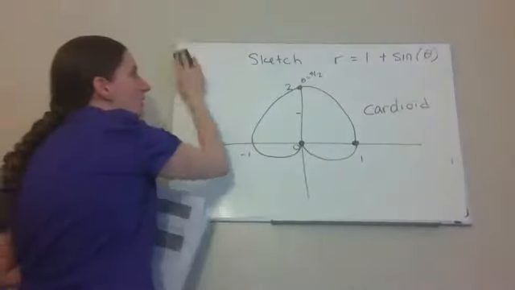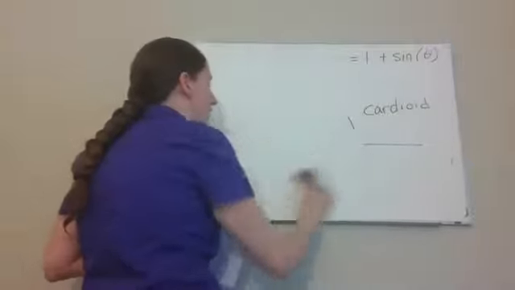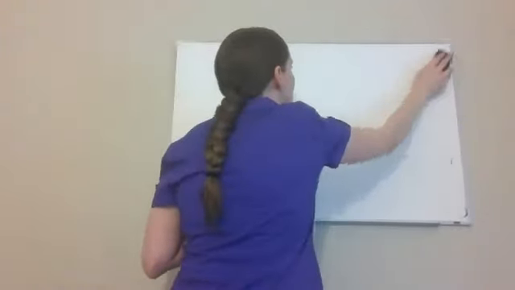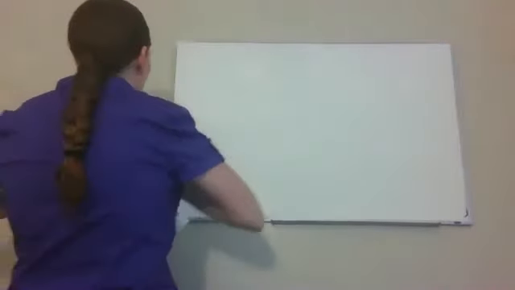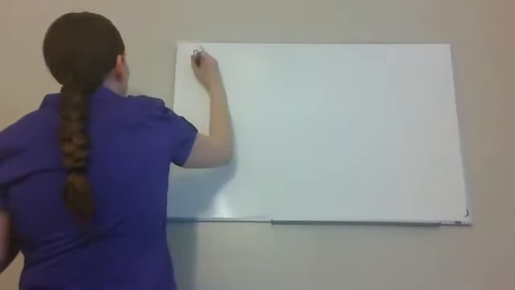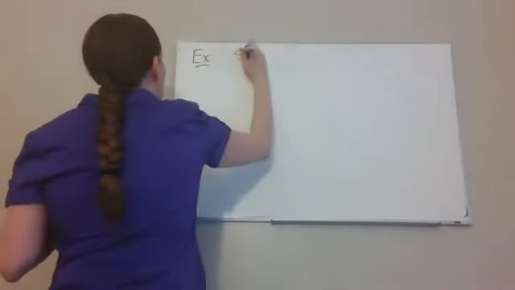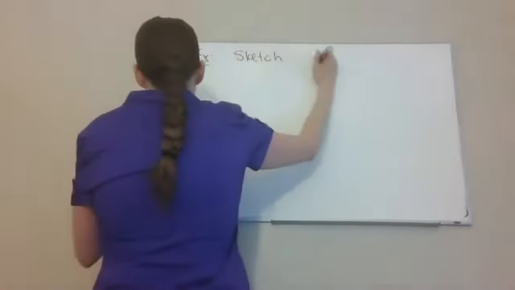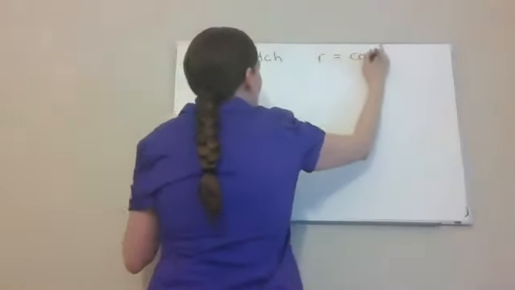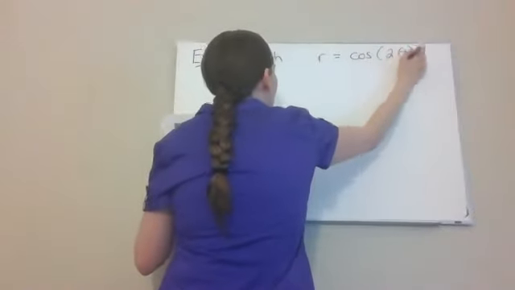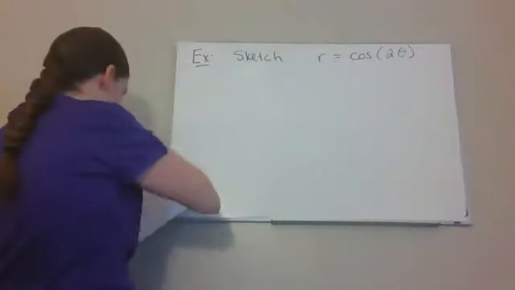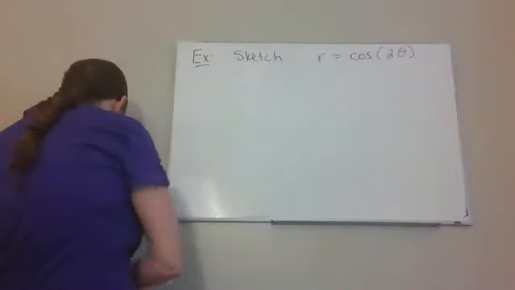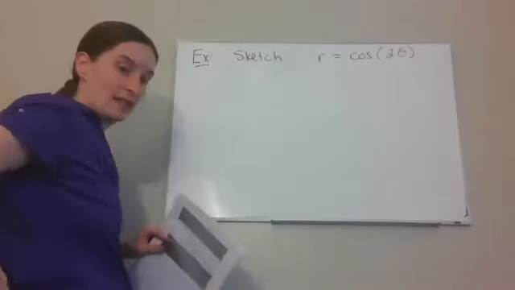Let's do another polar graph. Let's sketch r equals cosine of 2 theta. And I'm going to do a similar procedure to how we did the last problem.